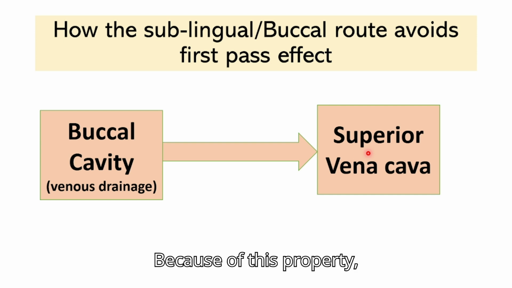Because of this property, the sublingual or buccal route avoids the first pass effect.